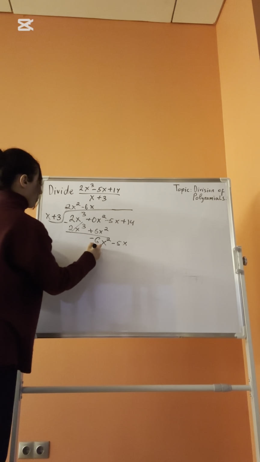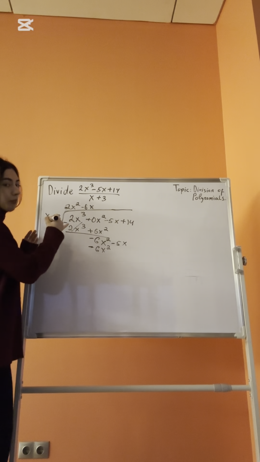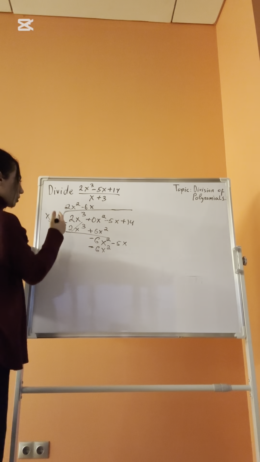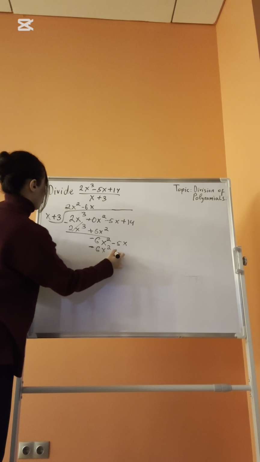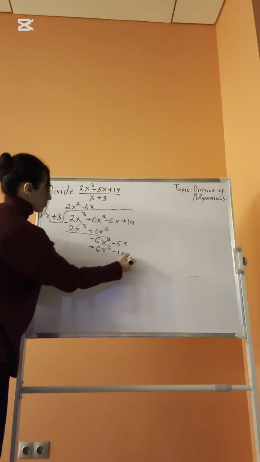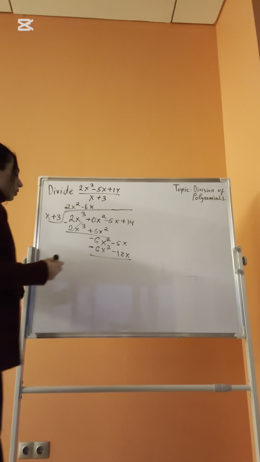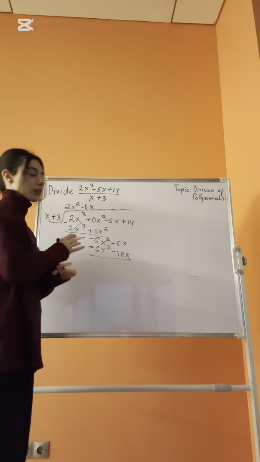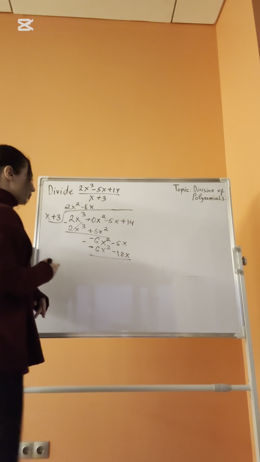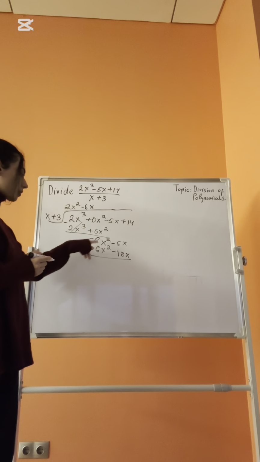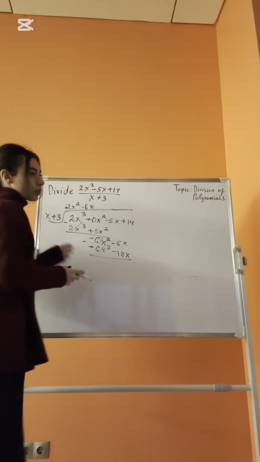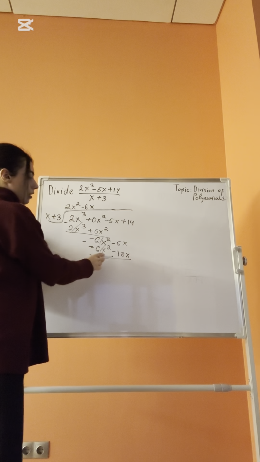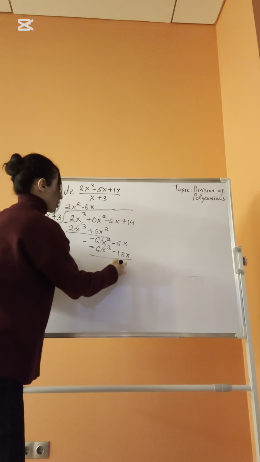And we will get minus 6x to the power of 2 minus 18x, because after x we're gonna multiply minus 6x by 3, so we'll get minus 18x. And we don't forget that we have to subtract. So because we are subtracting them, they get cancelled out. And here we get minus 5. I'm going to look at the coefficients. Minus 5 plus 18, we get 13x.